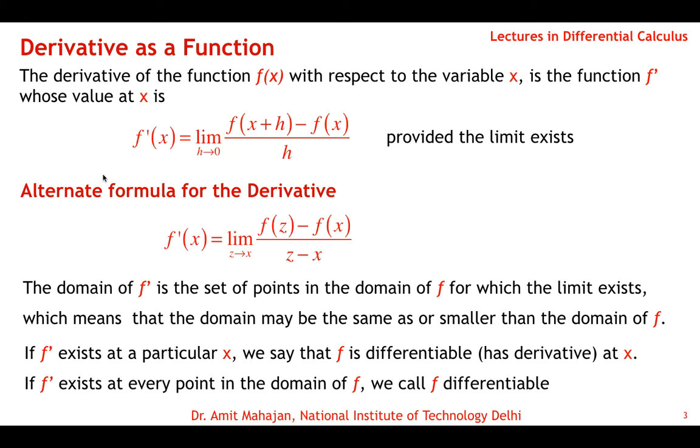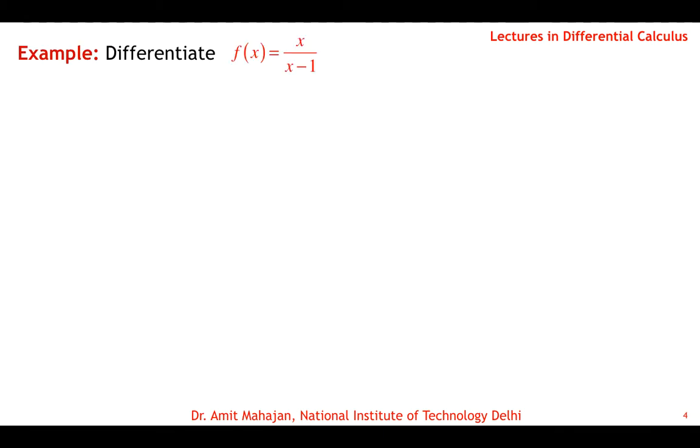So now let us take one example: differentiate the function fx is equal to x over x minus 1. By definition, if fx is equal to x over x minus 1, then at any neighborhood point f of x plus h, we can write it as x plus h over x plus h minus 1.